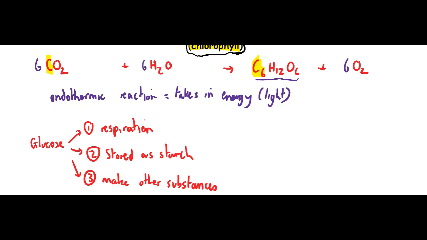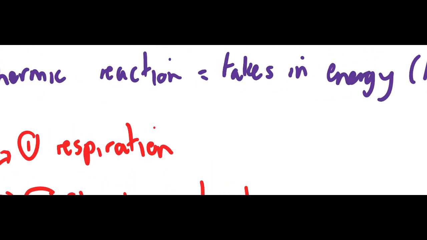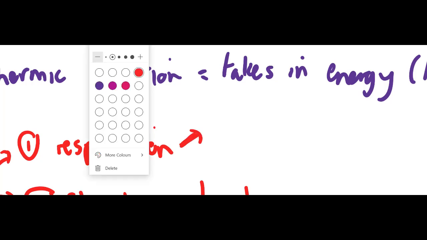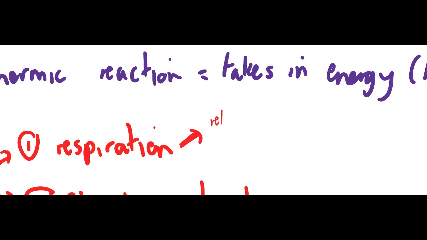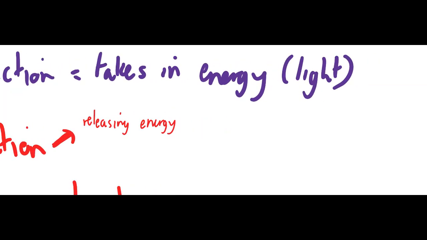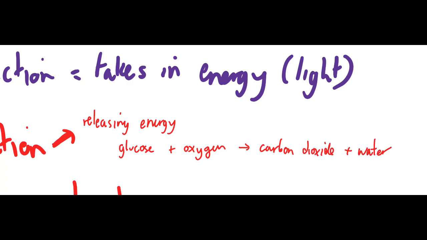Now, if we look at each one in a bit more detail, you might recall that respiration is releasing energy from food. And the equation for respiration was glucose plus oxygen produces carbon dioxide plus water.